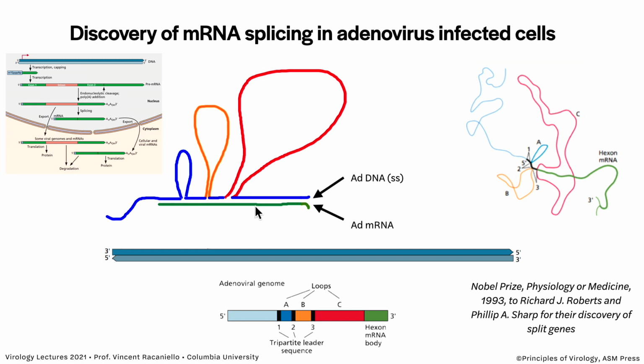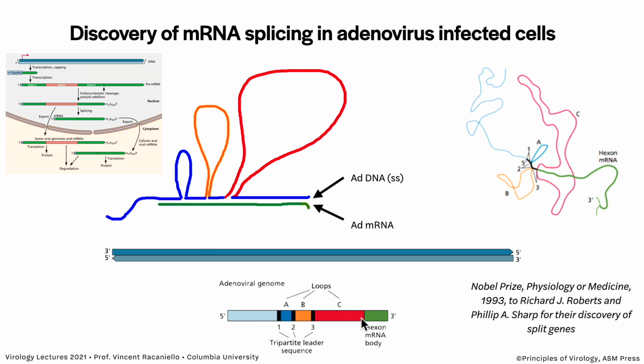So the mRNA is green, and you can see the DNA is blue, and it's hybridizing to the mRNA, but there are big sequences of DNA that are not in the final message. And that's where splicing was discovered, that these are removed from the pre-mRNA, and these two got the Nobel Prize for that. This particular gene, the hexon mRNA body, is right down here, and then A, B, and C, blue, orange, and red, are the loops that are removed.